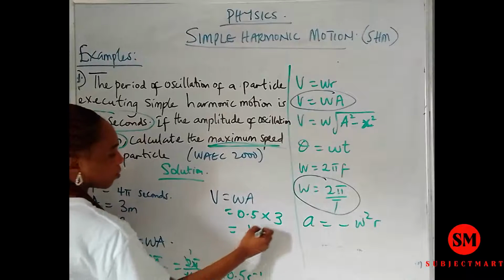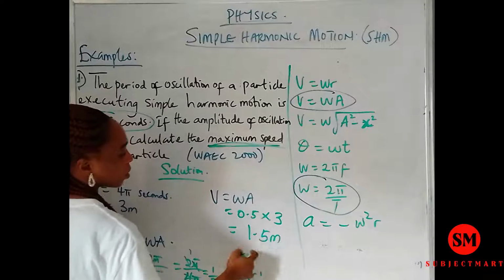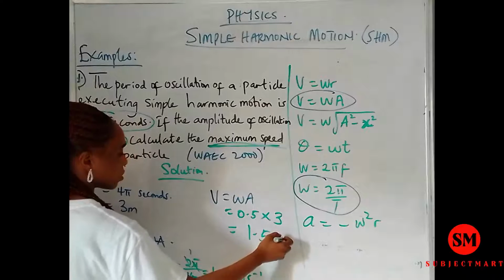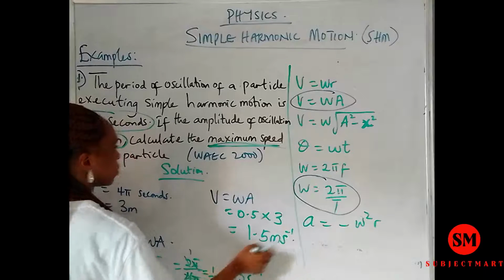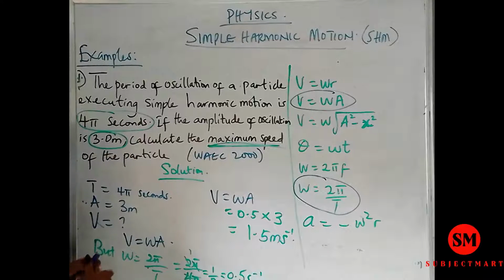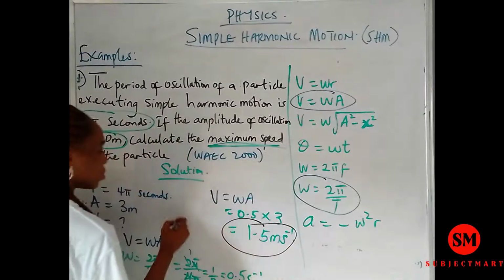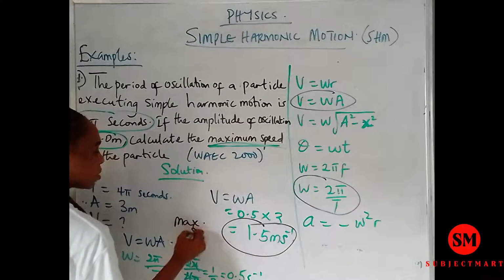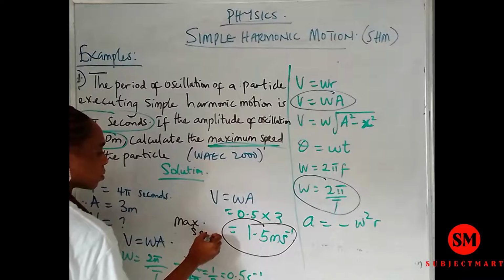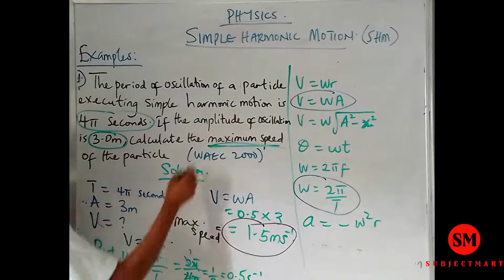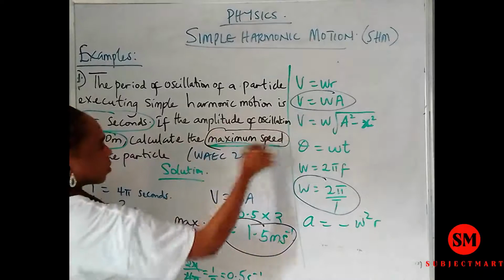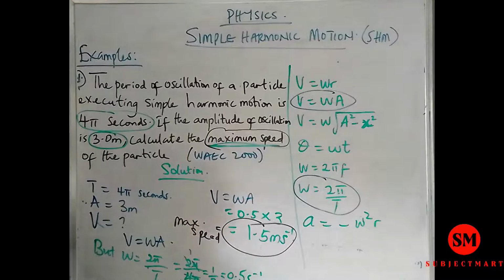So by the time we have multiplied this, we have 1.5 meters per second, which will give us the maximum speed. Maximum speed as required is 1.5 meters per second. You can see it's as simple as that.